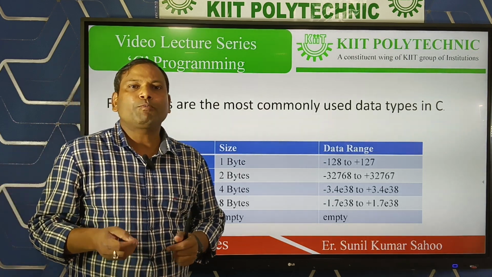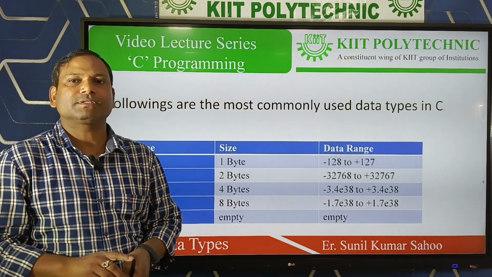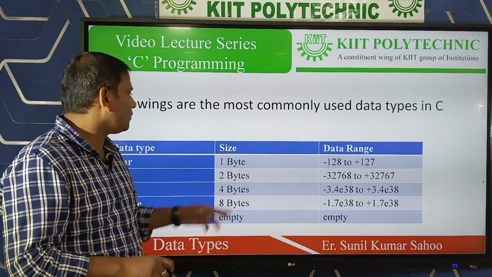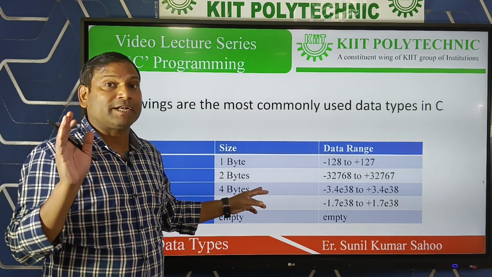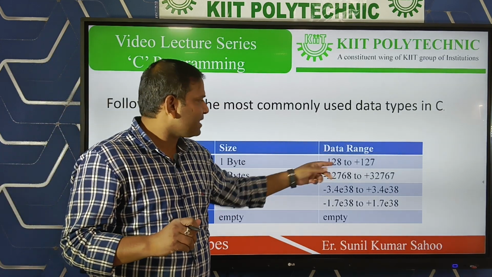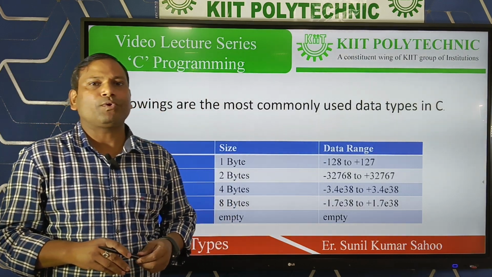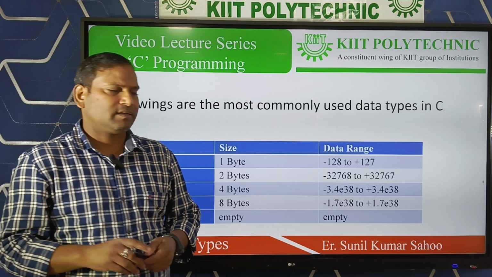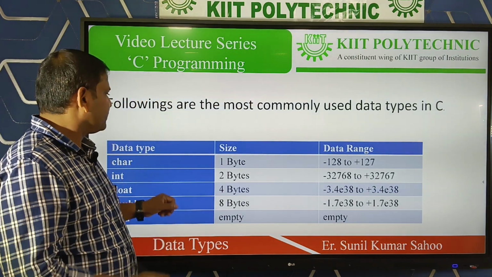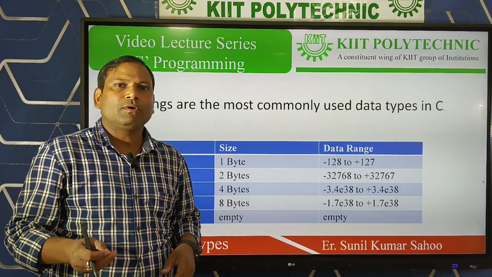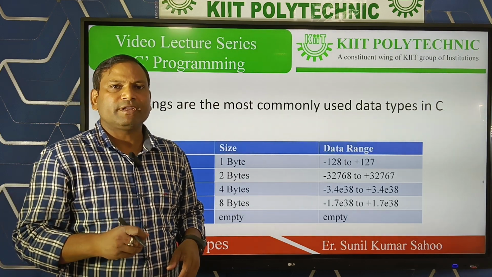Whenever you want to input a character value into the computer, that value occupies only 1 byte of memory space in a 32-bit processor. What is the data range? The range is minus 128 to plus 127.